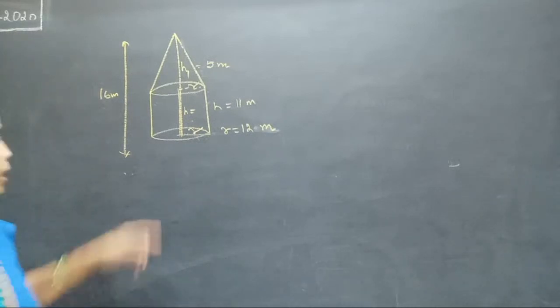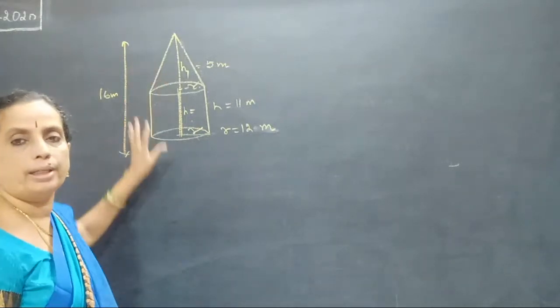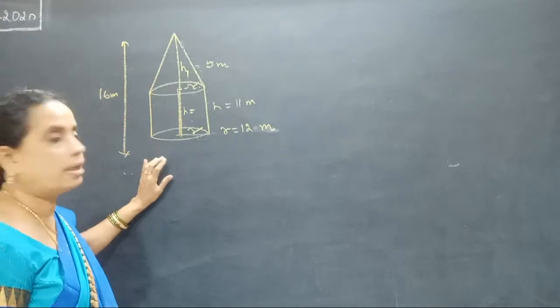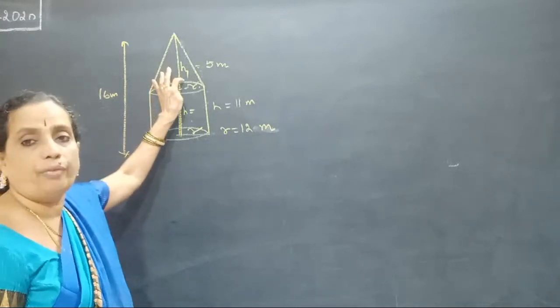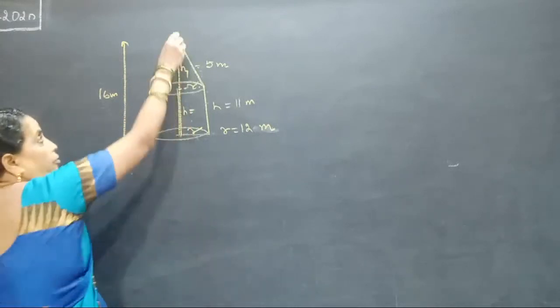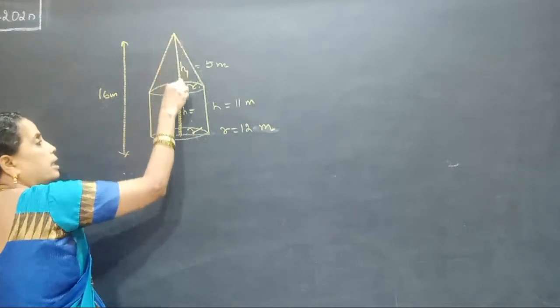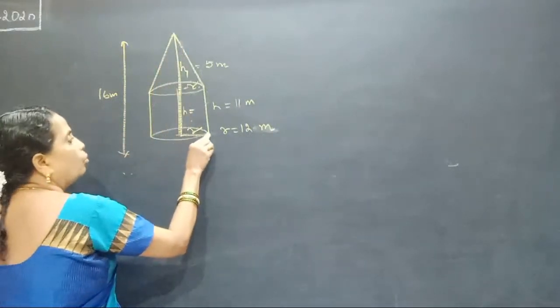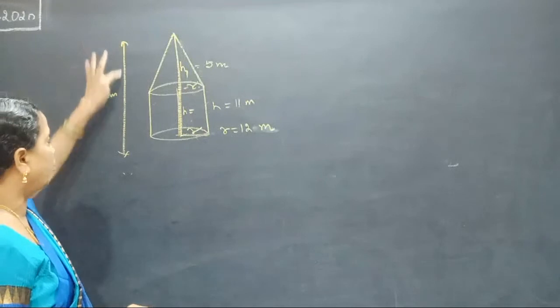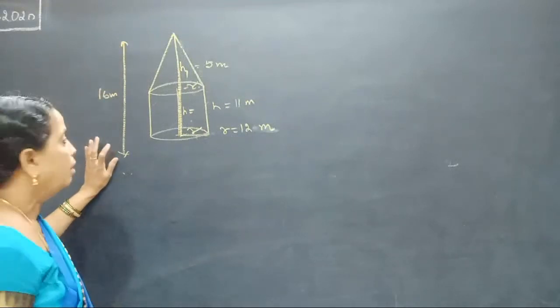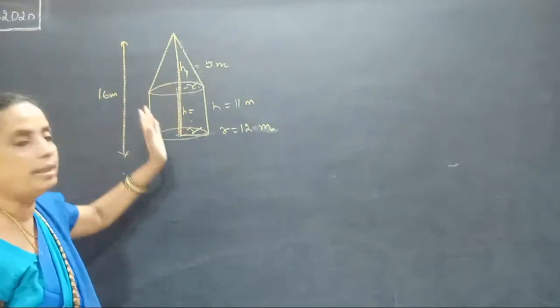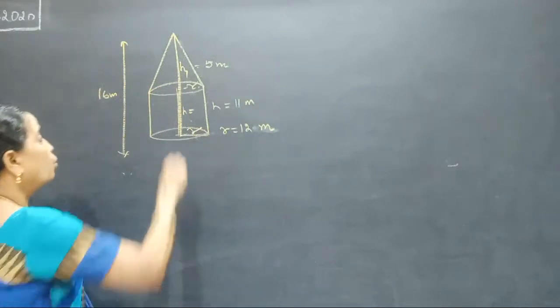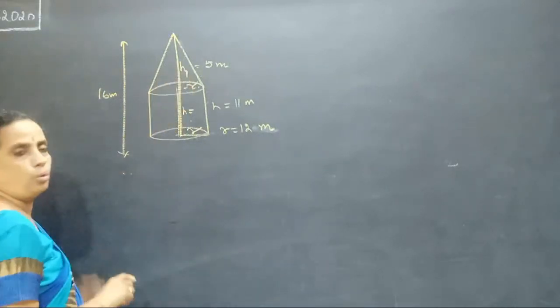Okay. So it is a combination of cone and cylinder. Instead of giving the height of the cone, they have given that the vertex of the cone is 16 meter above the ground. So the total height of the tent is given. From that, if you subtract the height of the cylinder, you will get the height of the cone.